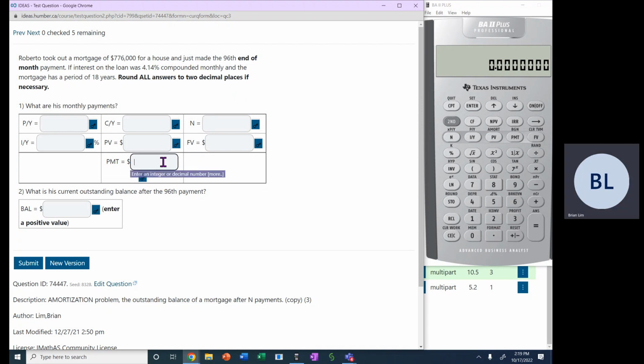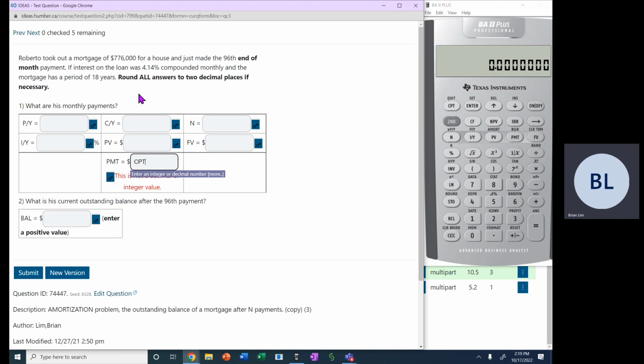So we are going to compute the monthly payment. Right now, how much is the mortgage? The mortgage is $776,000. So that would be the present value, 776,000.